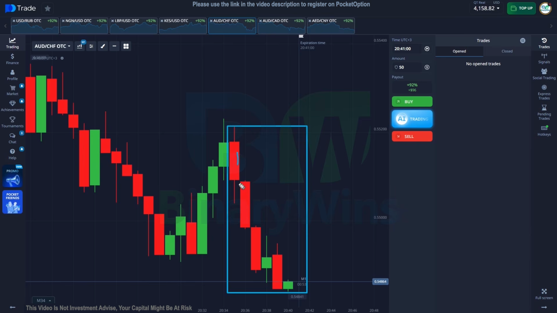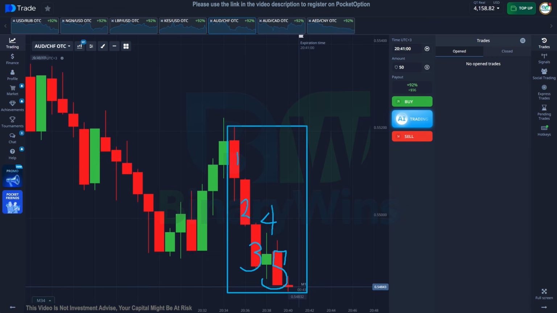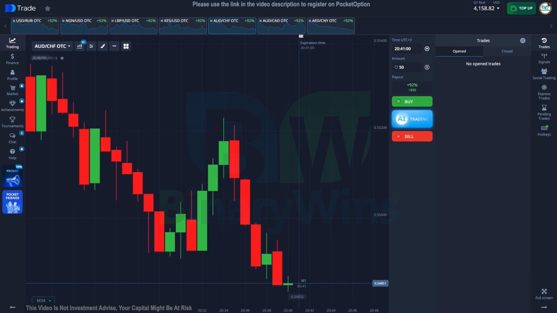You can see 1, 2, 3, 4, and 5. But on the other hand, when did I enter the trade? When the 5th candlestick received pressure and rejection from the left level. See?